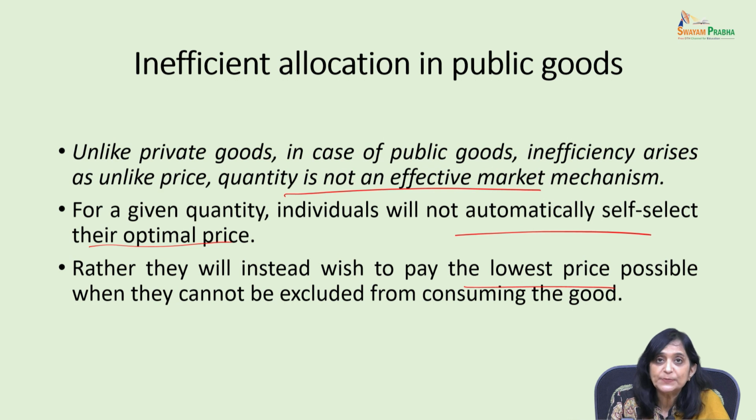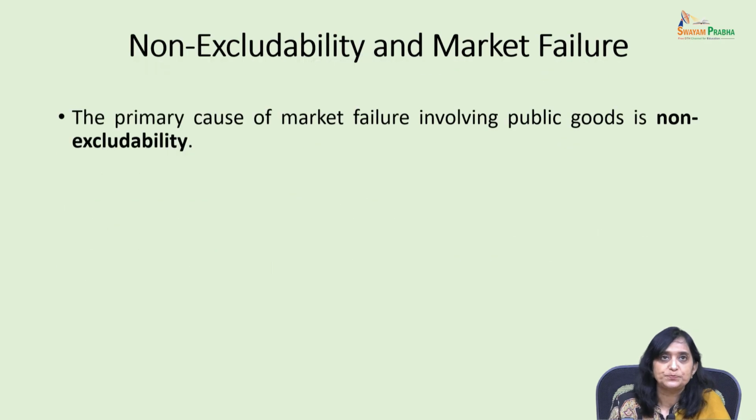Here, quantity is being given, and based on that quantity, I am asking you how much price you are willing to pay. Rationally, people know that even if I quote a lesser price or the least price, I am still going to get the benefit of that good. So, they try to pay the lowest price because of the non-rivalry in consumption.